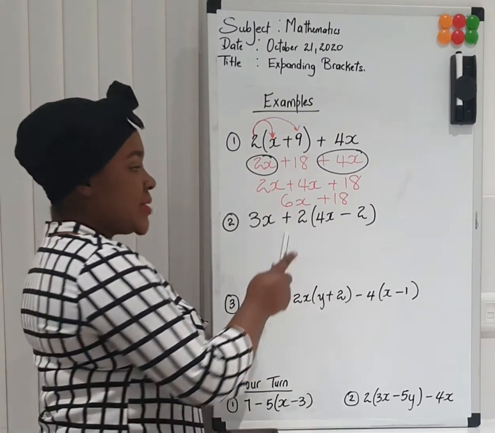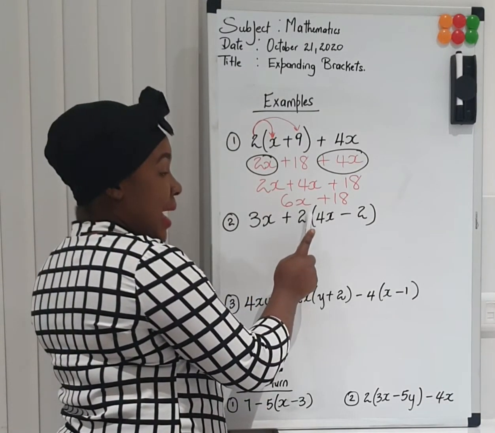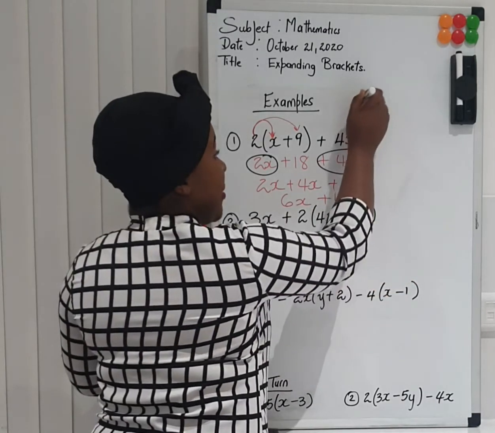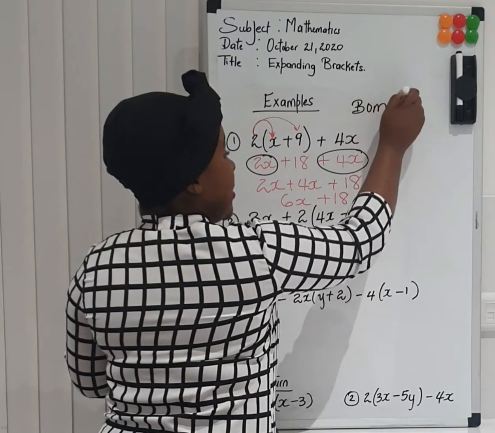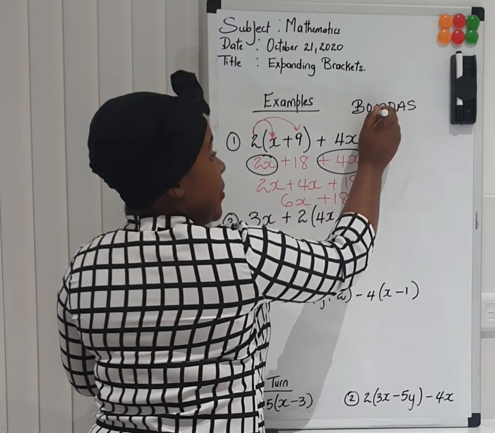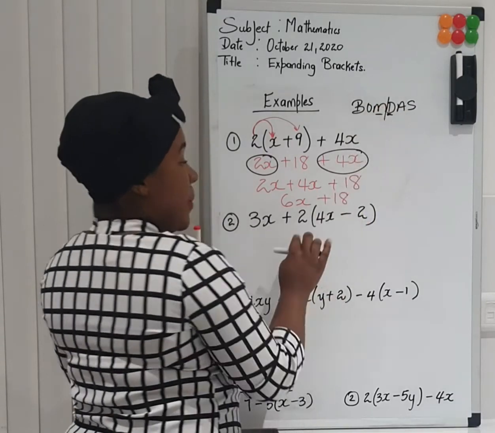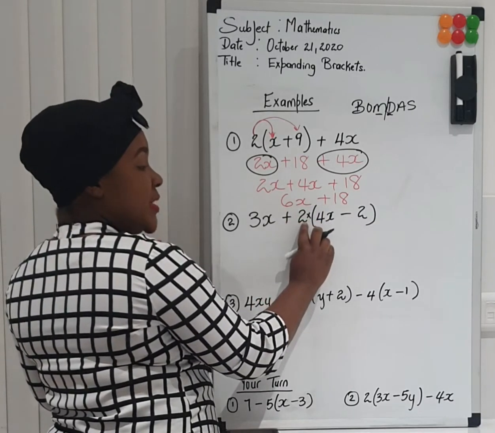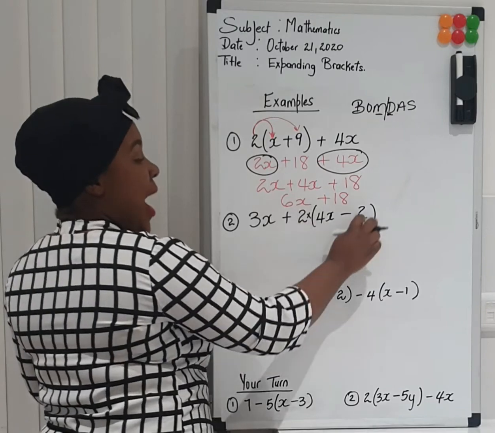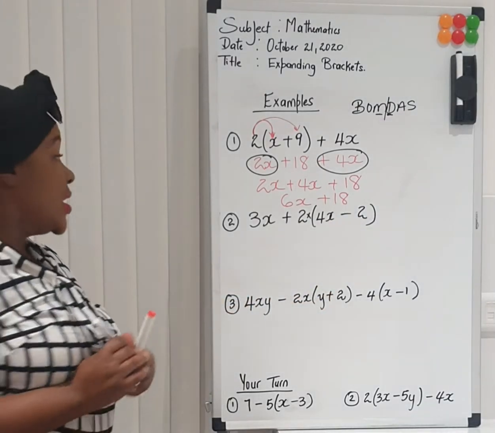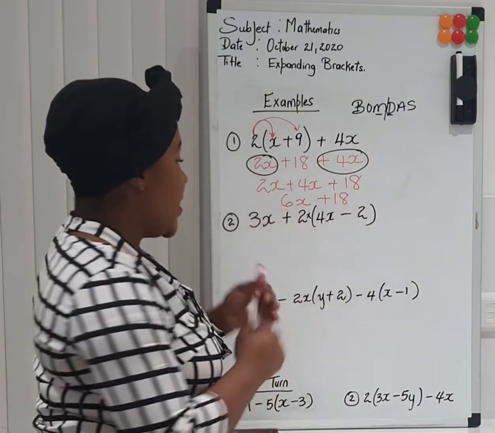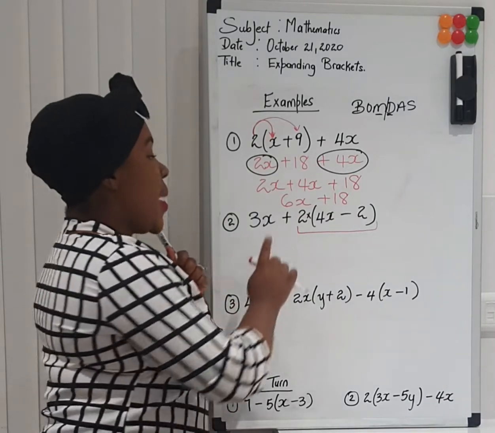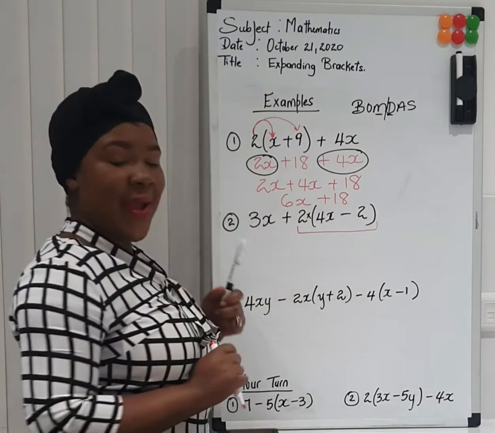So you realize that we have 2 times this bracket. Following our BIDMAS or BODMAS or BUMDAS principle, we need to do multiplication or division before doing any addition, and we have recognized that there's a multiplication happening between the 2 and that bracket. So we're expected to work this part first before adding the 3x.